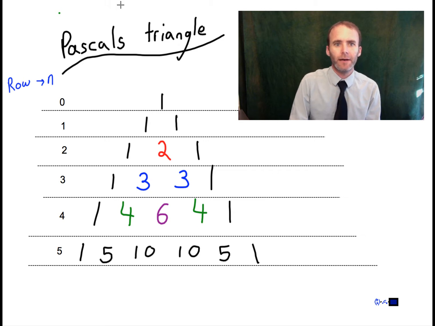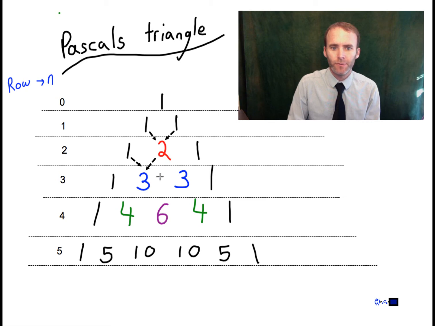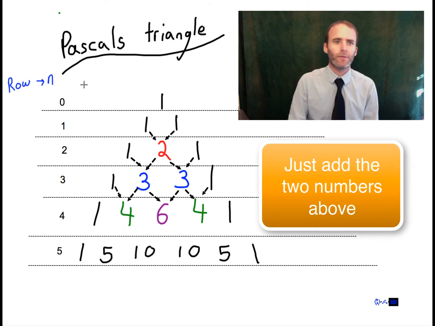Now if you didn't follow that, this is the key to Pascal's triangle. 1, let's go down all the way, and to get this number, 1 and 1, I add those as 2. 1 and 2, 3, 1 and 2, 3, 1 and 3, 4, 3 and 3, 6, and so on and so forth, all the way down.